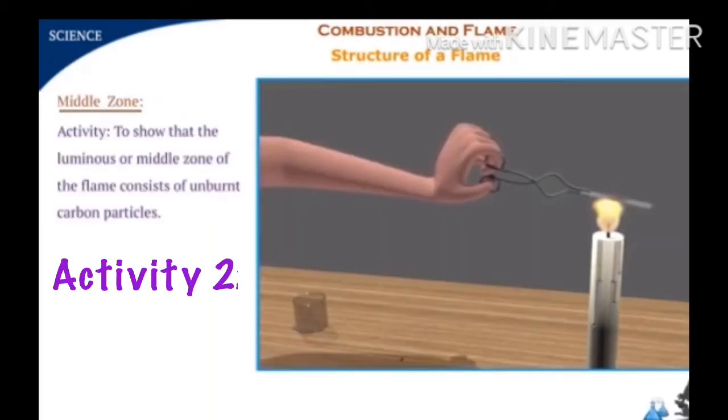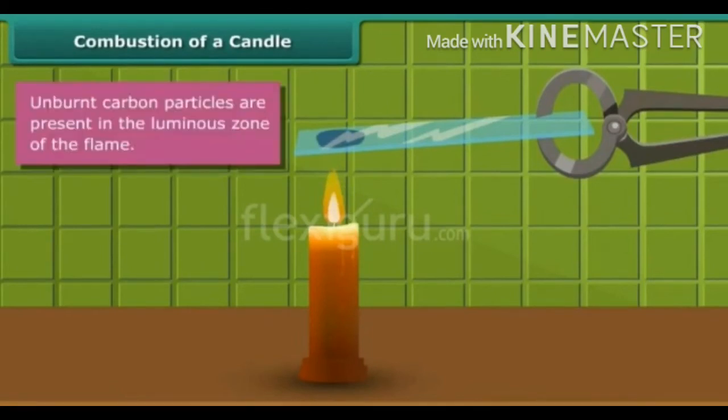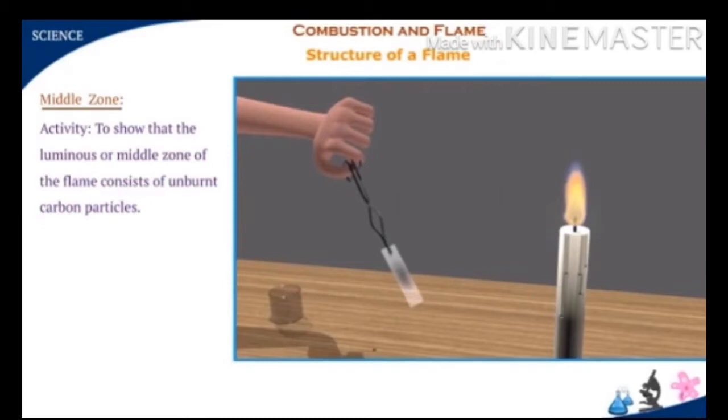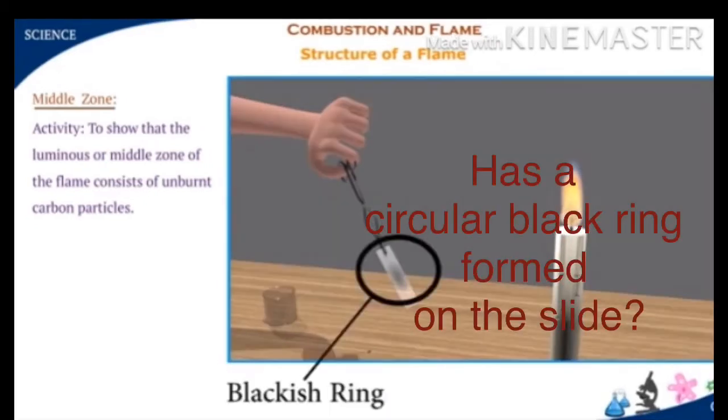Let us move to the next activity. For doing this activity, we need to take a clean glass slide. Hold it with a pair of tongs and introduce it into the luminous zone of the flame. Has a circular black ring formed on the slide?